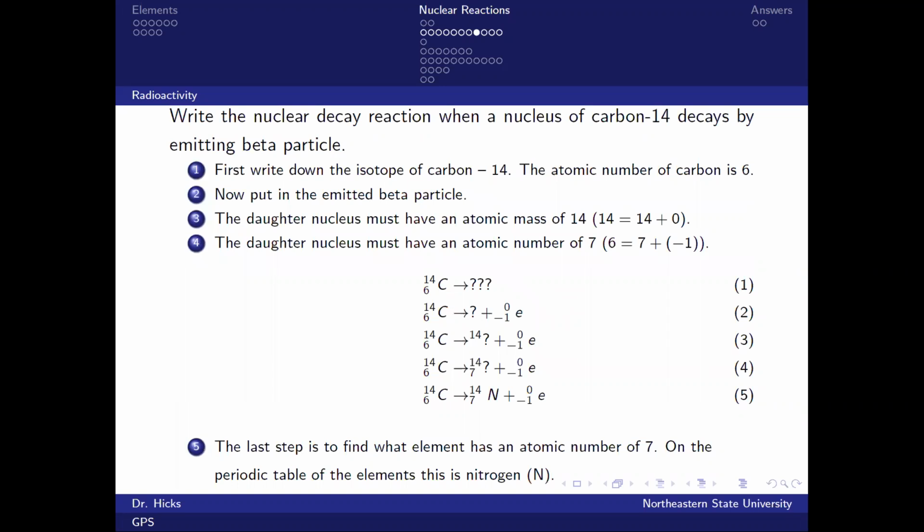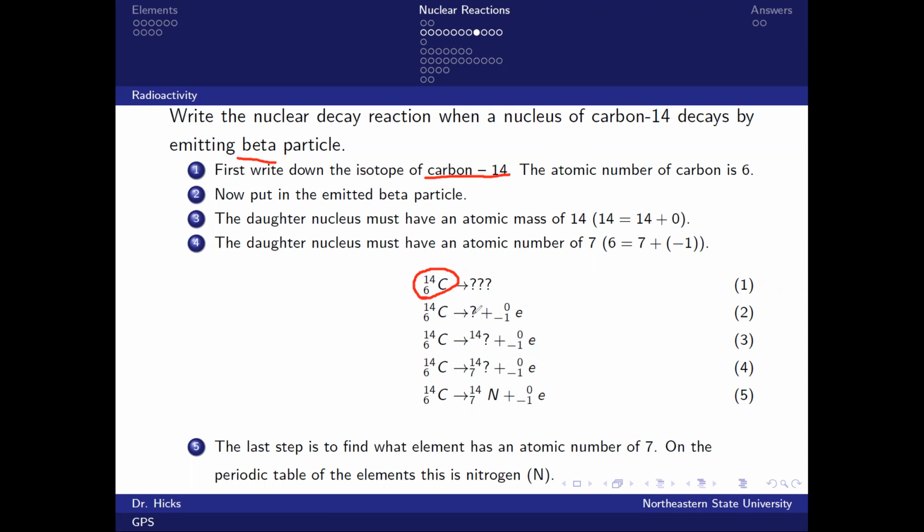So let's work through the nuclear decay when carbon-14 emits a beta particle. And this is going to work a lot like what we did before. First, we've got to write down the isotope of carbon-14. From the periodic table, I know that its atomic number is 6. So this is my starting point. It emits a beta particle that's given to us.